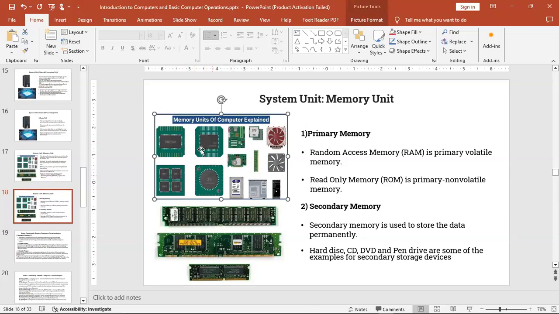This is what we call the ROM, non-volatile. And look at this down here. This is called the RAM. If you have ever opened a computer before, either desktop or laptop, you're going to see this there.